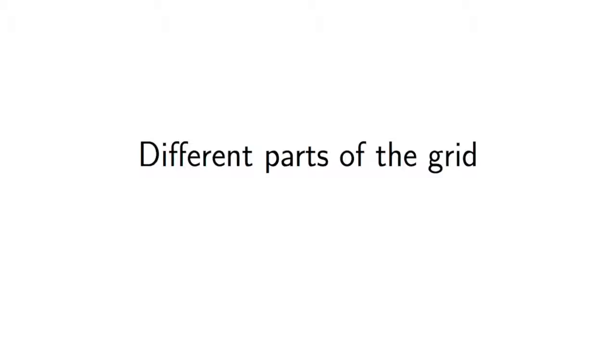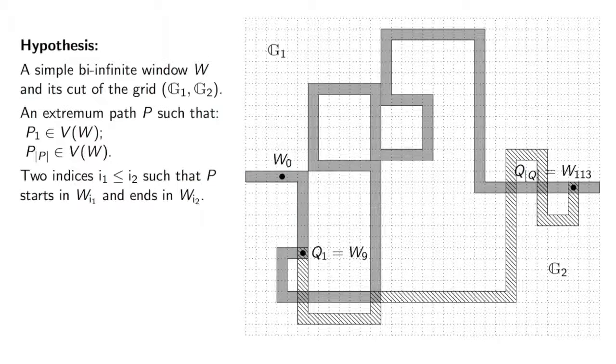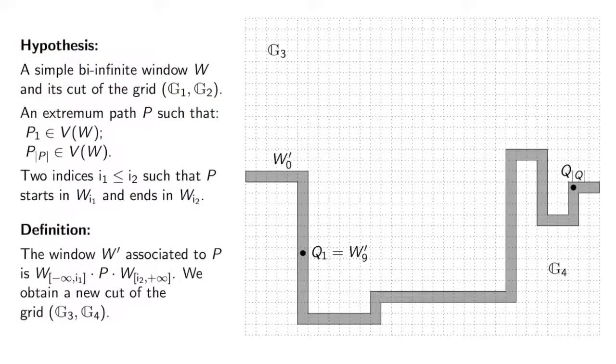Now we will use the different kinds of paths to characterize different parts of the grid. We consider the extremum path Q introduced before. Since the first time that the path Q intersects with the window W is also the first position of Q, and since the last time that Q intersects with the window W is also the last position of the path Q, then we can define a new simple, infinite path W prime.